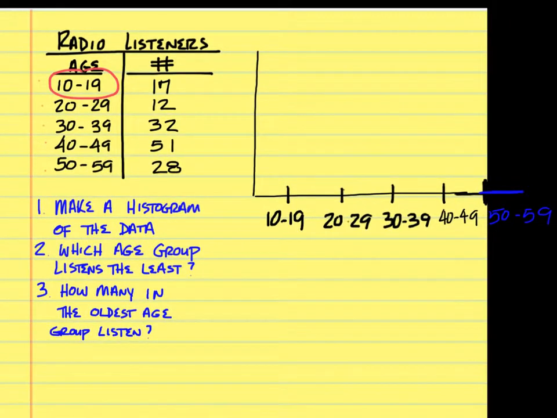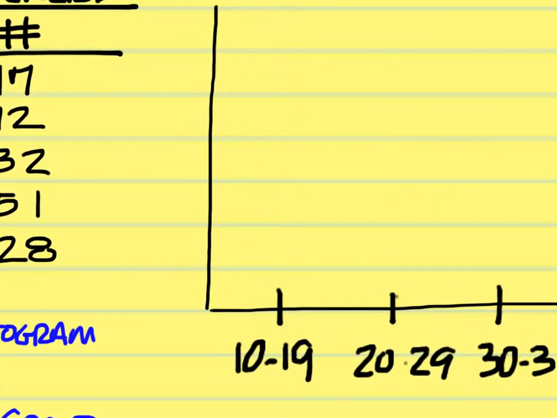Now the number of listeners, the lowest amount in there is 12, the highest amount is 50. I think we could go by tens on this. So there is 10, 20, 30, 40, 50.